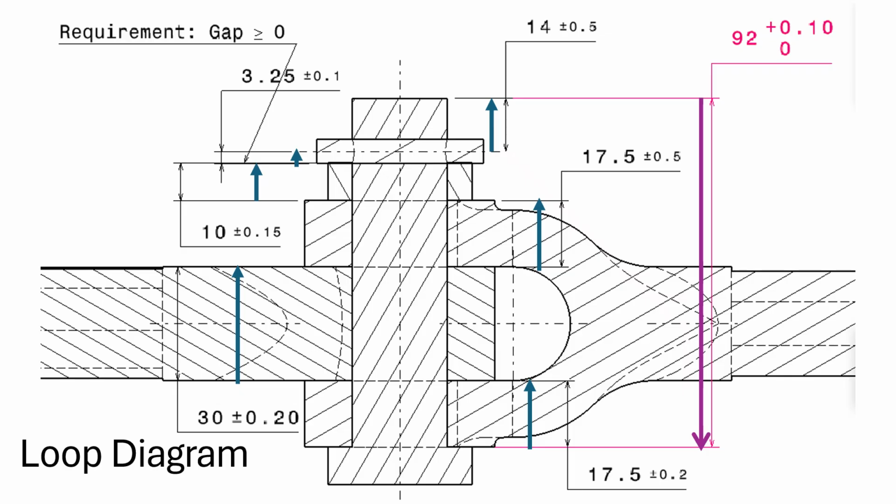That means that these dimensions are getting stacked up to negotiate with this overall dimension. Whether this overall dimension is higher or lower than the stacked up dimensions will tell us whether there is a gap or interference.